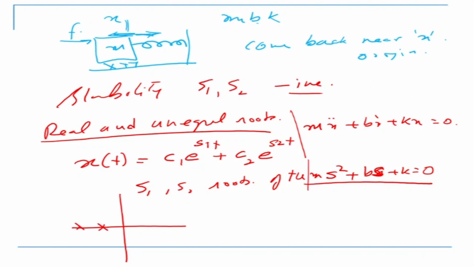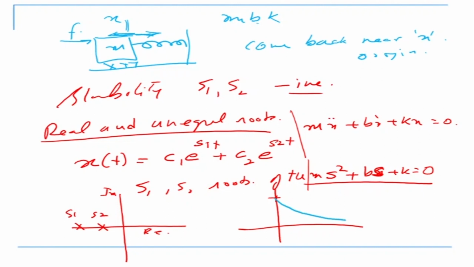So s1 and s2 are on the left side of the imaginary axis, and this is my real axis. If I give the system a disturbance x(t), it will come down like this. This is a real and unequal root. So what kind of system is this? This is an overdamped system, so it will come like this and stop here.